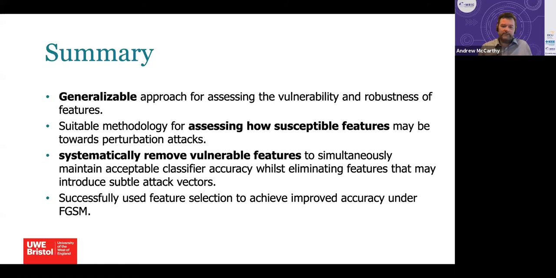We've also got a systematic way to remove those vulnerable features to maintain the acceptable classification accuracy, which is key, but also whilst eliminating the features that might introduce more subtle attack vectors. And then we've also successfully used the feature selection to achieve improved accuracy under FGSM attack.